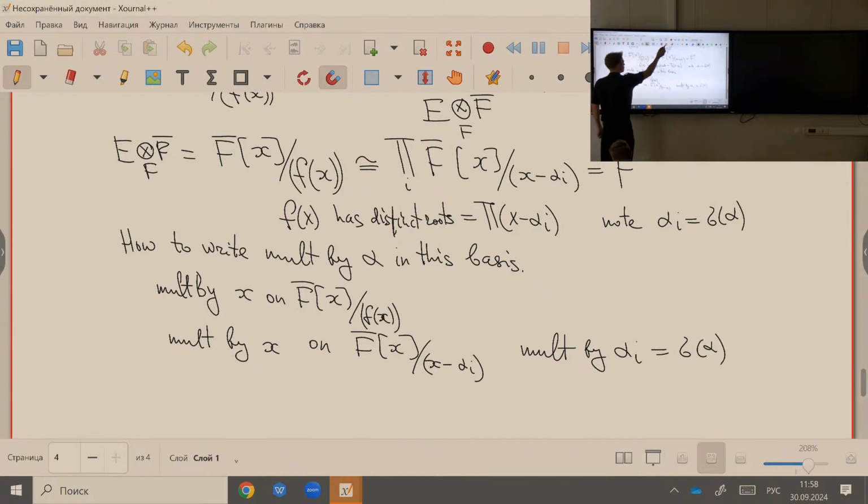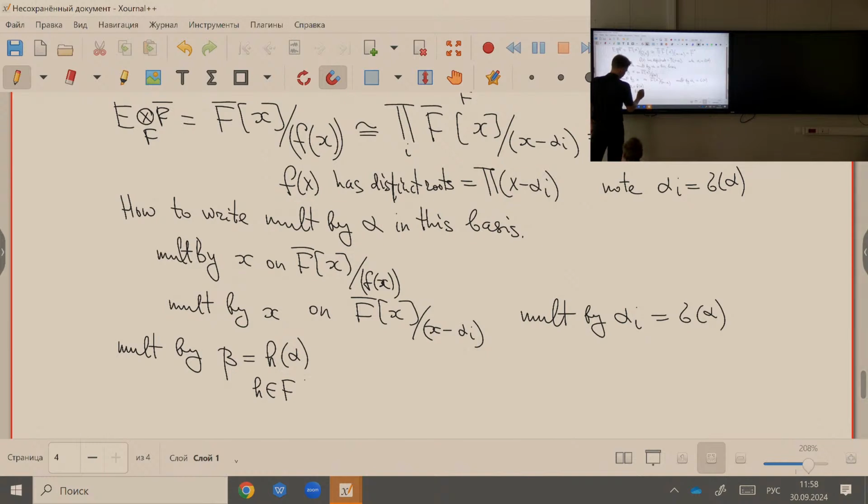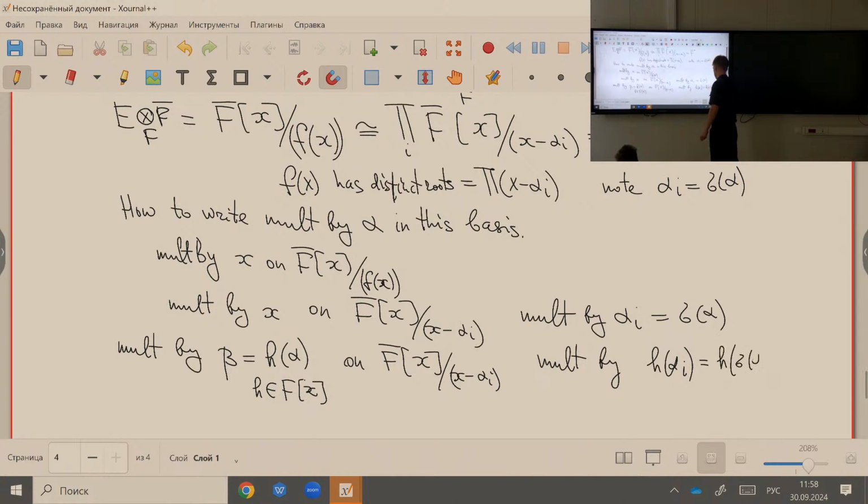And if you want to multiply by any beta, which is some polynomial h of alpha, so h has coefficients in f, then on the factor f[x]/(x − alpha_i) it is multiplication by h of alpha_i, which we write as h of sigma_i of alpha.